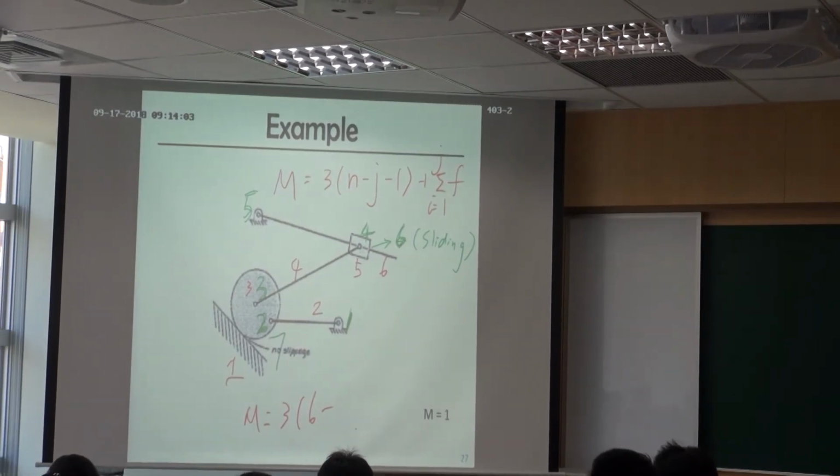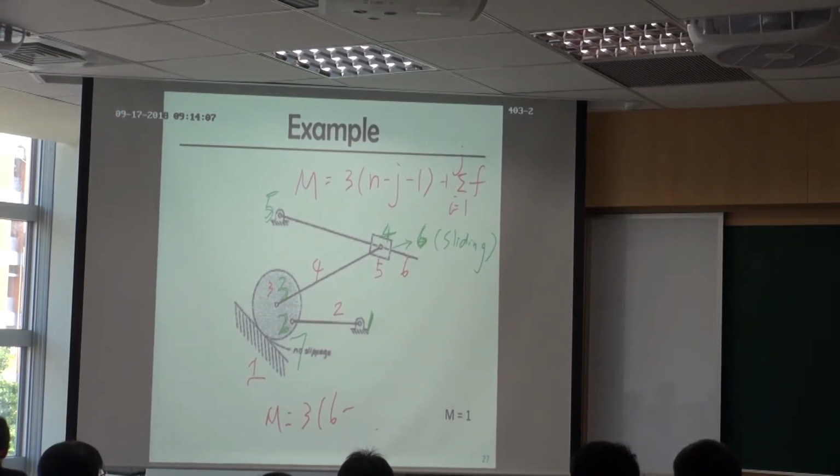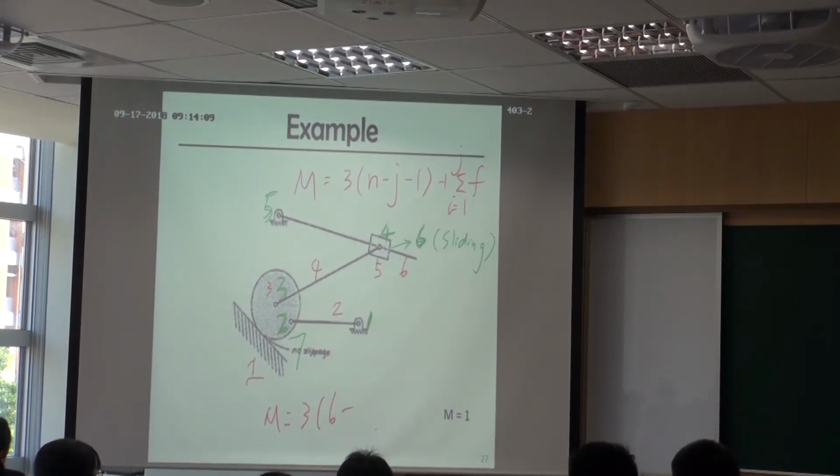So I label it as 7. So we have 7 1-degree-of-freedom joints. So 6 minus 7 and minus 1.